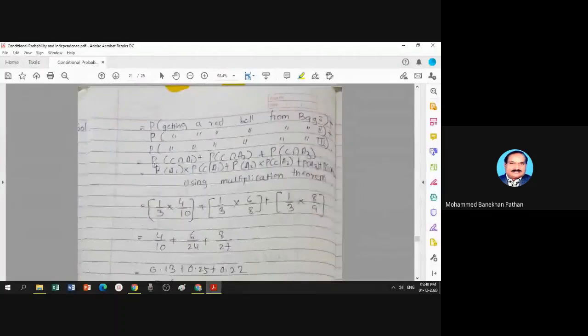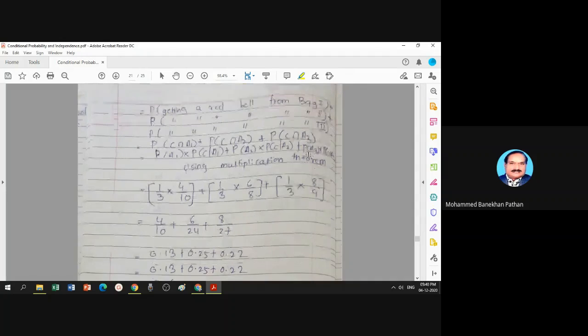Therefore, probability of getting red from A1 plus probability of getting red from A2 plus probability of getting red from A3. This intersection symbol is for getting red from A1, getting red from A2, getting red from A3.